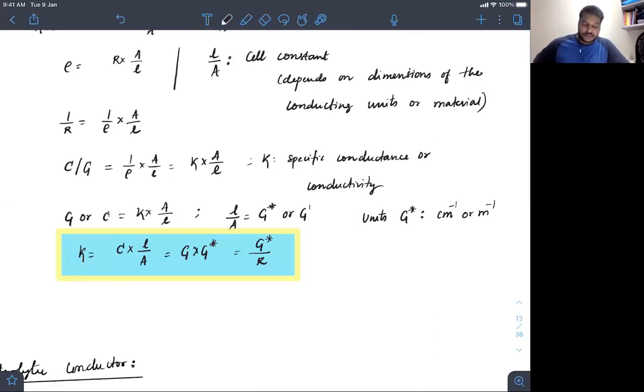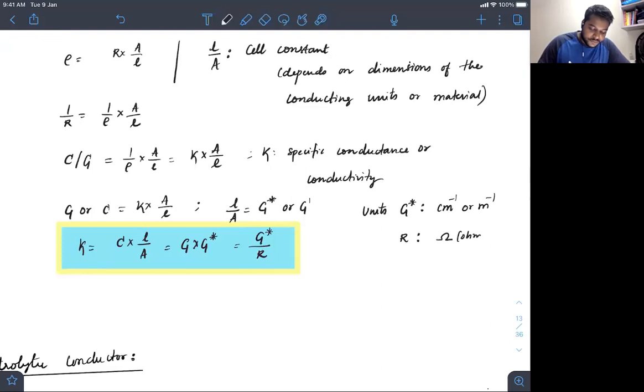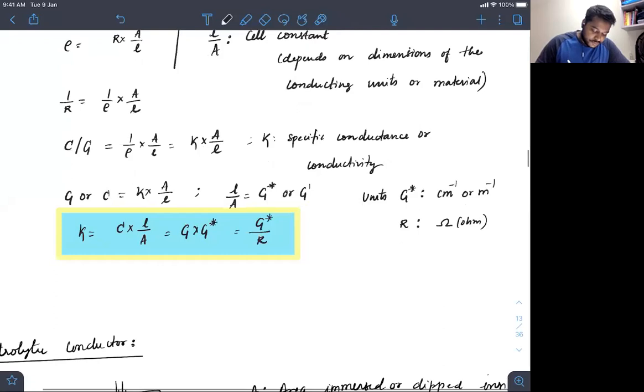For resistance, we usually use ohm. And for G or C, that is conductance, we use ohm inverse, also known as mho.